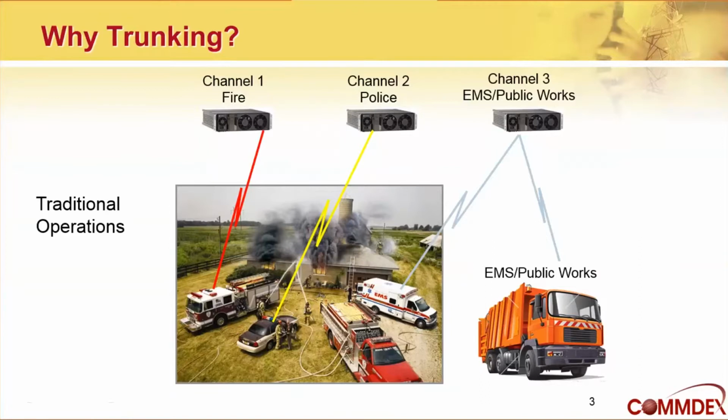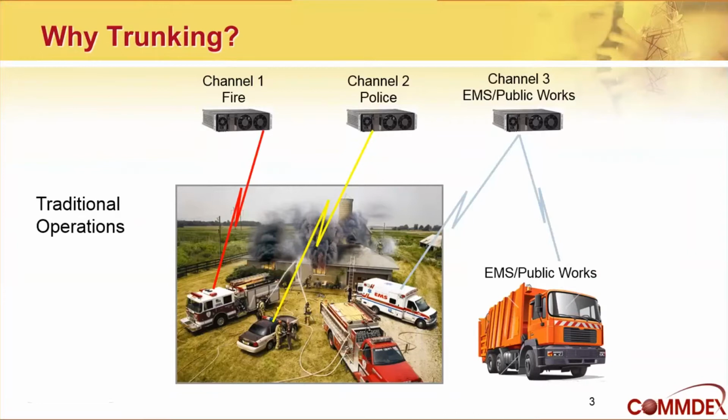So that's the way it was, and to some extent, in some places, still is. Fire has their frequencies, and police has theirs, and EMS and Public Works, they have their own. Sometimes they would share under local government. The problem is it's not very efficient to do it that way. If you have, for instance, a multi-agency incident and police is very busy and requires more than one channel, their users are going to have to wait, while other channels in the local radio service are sitting idle, not being used.